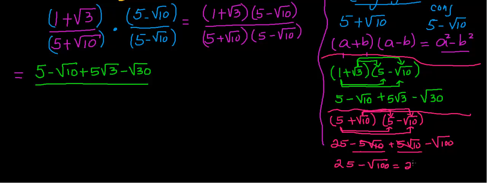And that equals 25 minus 10, which is 15, because the square root of 100 is 10. That gives you 15.